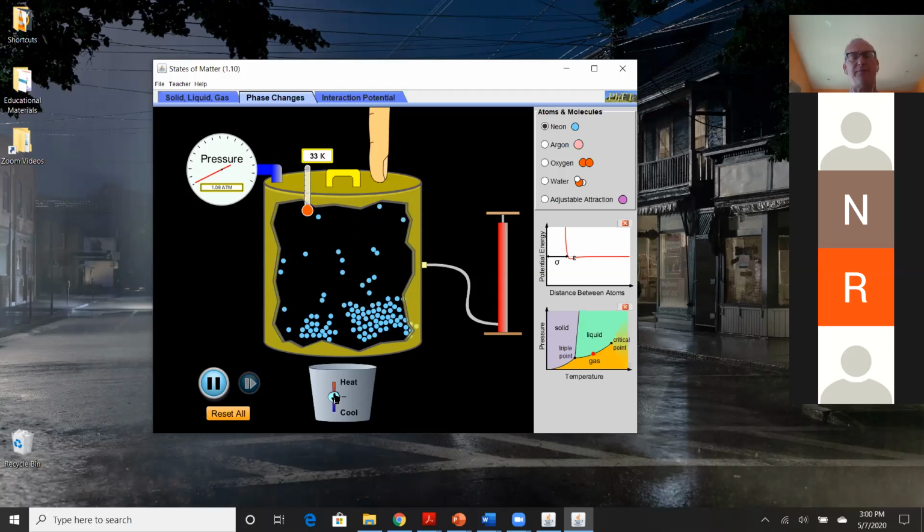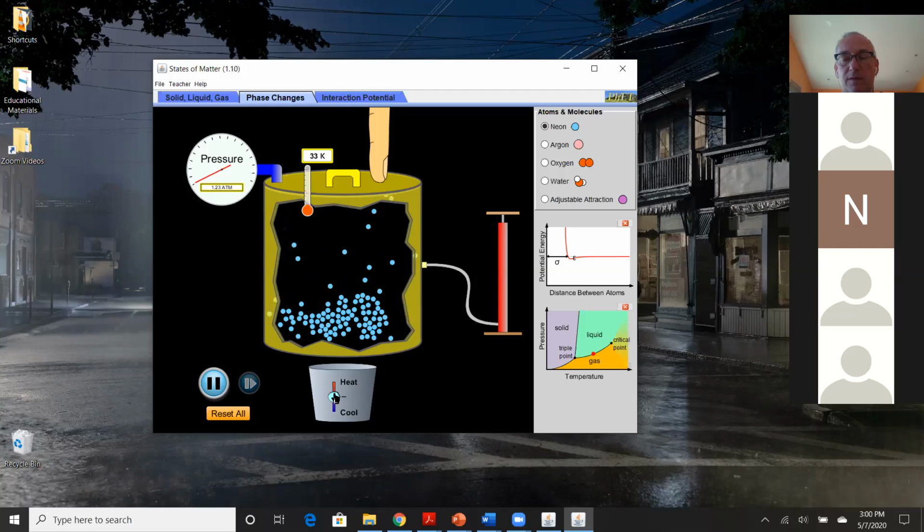So without being able to do that, what's another way we could figure out what the boiling point is? And you were really close. Remember, it has to do with the pressure. What does the pressure have to be at the boiling point? Standard. What does that mean, standard?